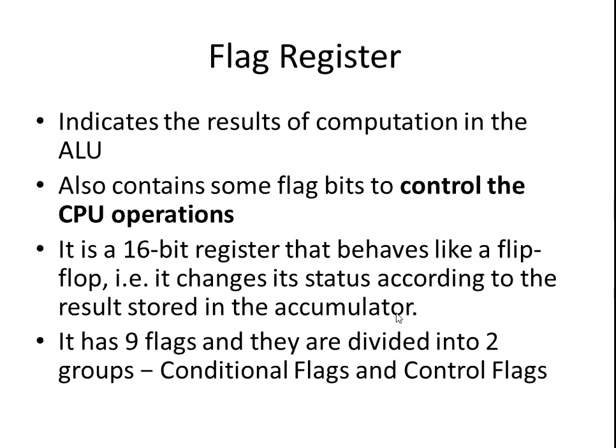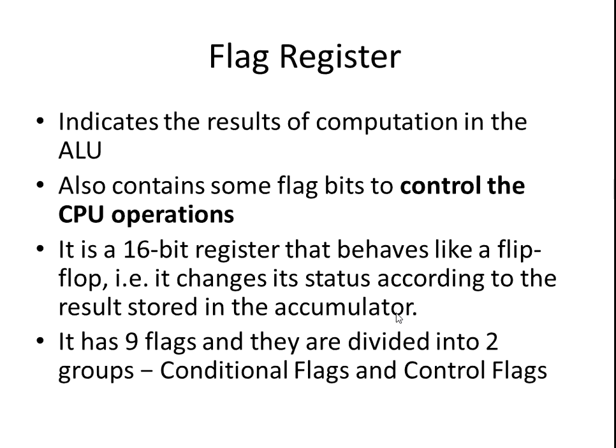Next is the flag register. The flag register is used to store the status of the result of the ALU, and it is also used for controlling the CPU operations.